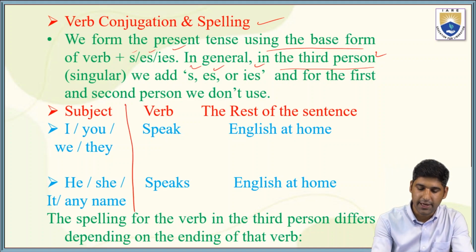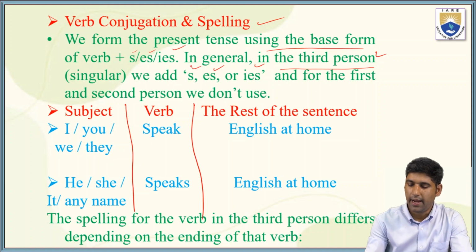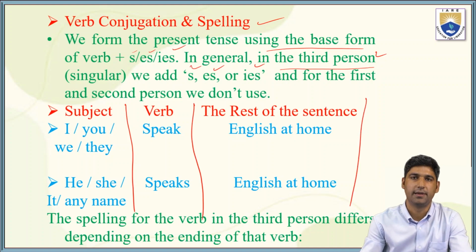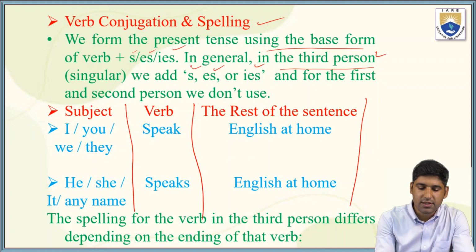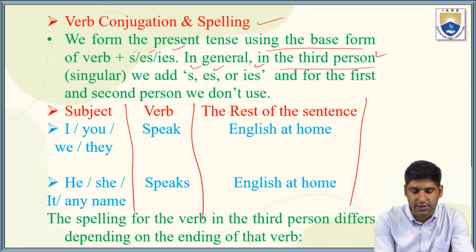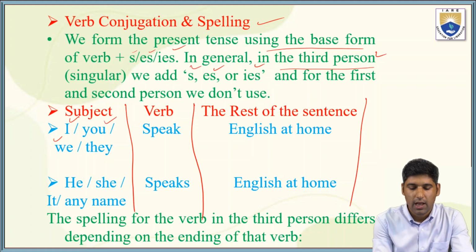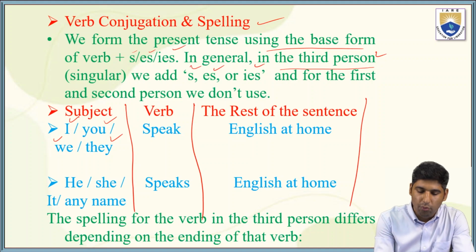See, this is the subject, this is the verb, and this is the object, the rest of the sentence. When the subject is first person singular or plural, second person, which is both you, and third person plural, we use the first form of the verb, no change.